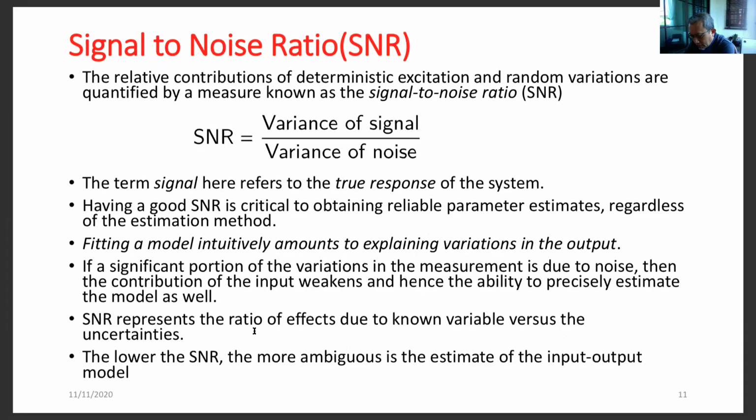In the system ID protocol, we cannot avoid noise. As I told you before, noise can come from many sources. The common sources of noise come from, for example, the 3-pin power plug.